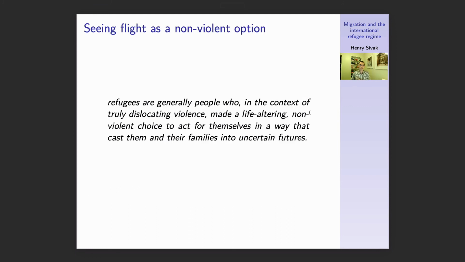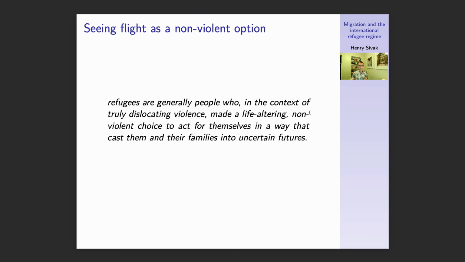One of the examples I think is really telling is from a blog post from a few years ago, but I still think it's quite relevant, which is that in lots of ways, refugees and forced migrants are people who, in the context of truly dislocating violence, make a life-altering choice to act for themselves without resorting to violence. And the entire notion that an effective humanitarian refugee policy could be an effective tool of nonviolent advocacy has been completely lost in the EU.